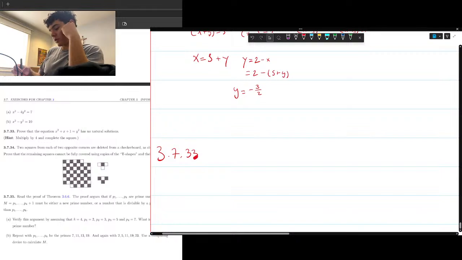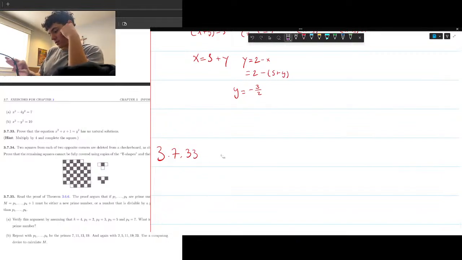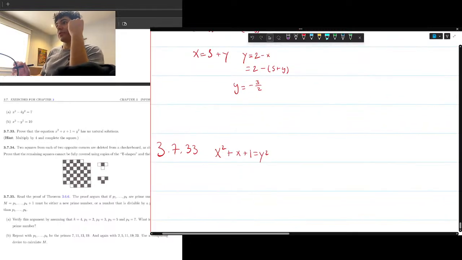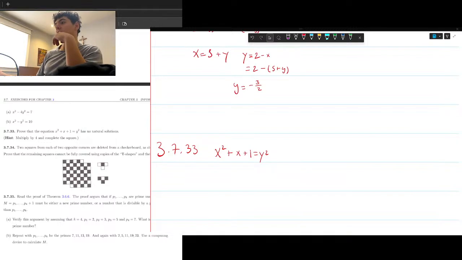Prove the equation has no natural solutions. Okay, so I actually don't know how to complete the square. Real talk, I don't know how to complete the square.